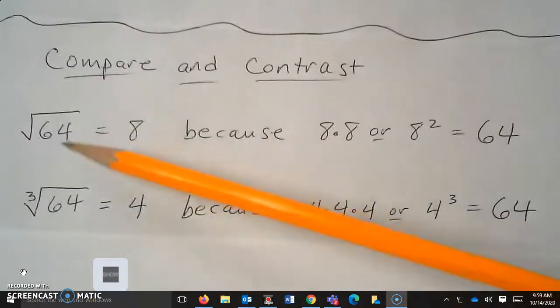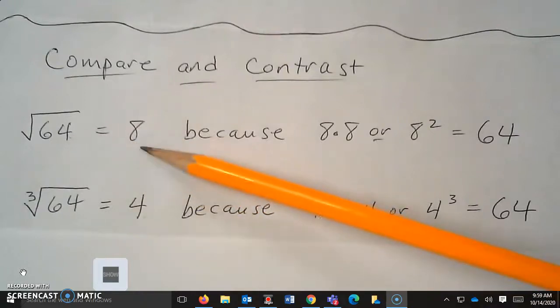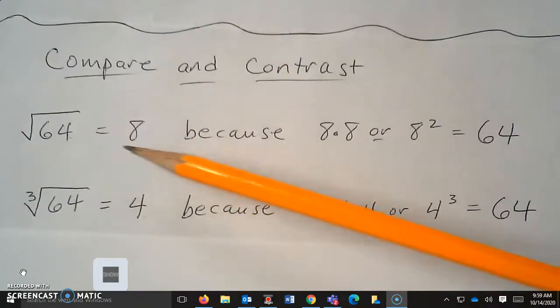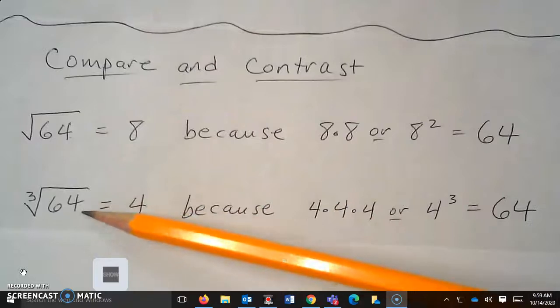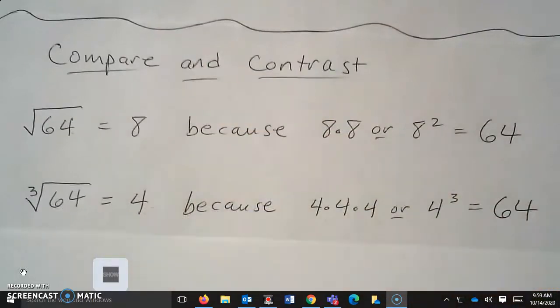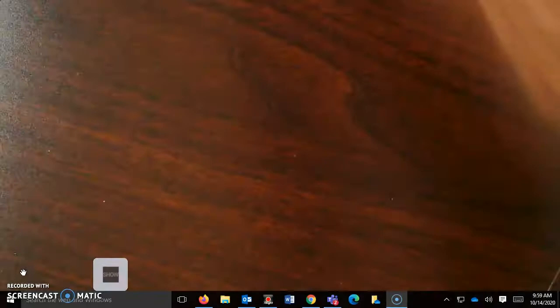Actually, 64 is a perfect square, because you get a whole number. It's also a perfect cube. It gives you a whole number, though. So we don't work with a lot of numbers that are both perfect squares and perfect cubes, but 64 is one of them.